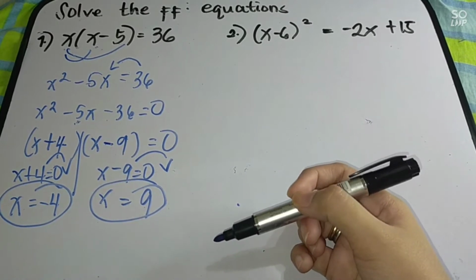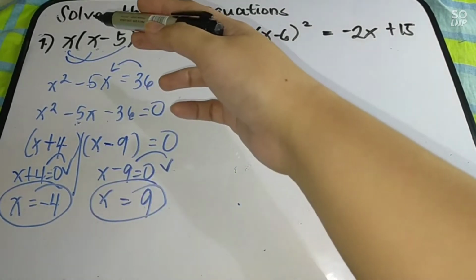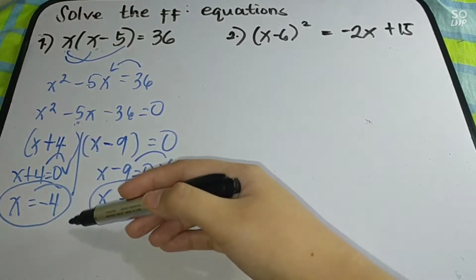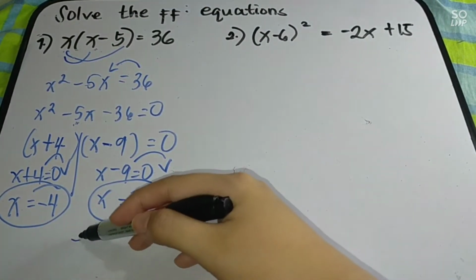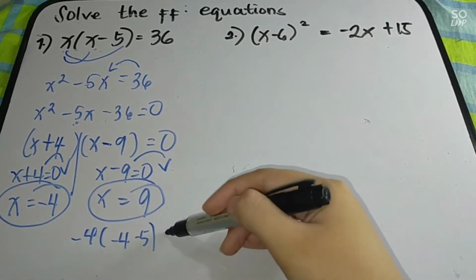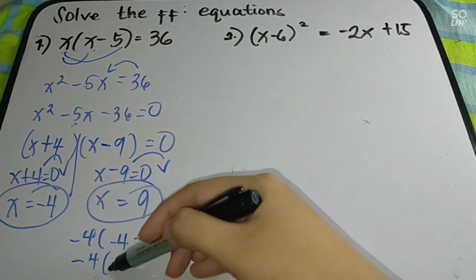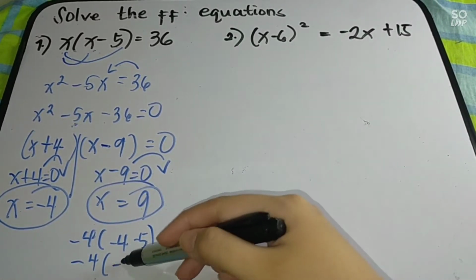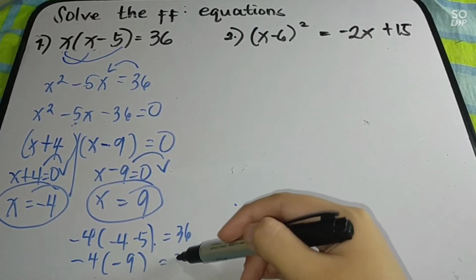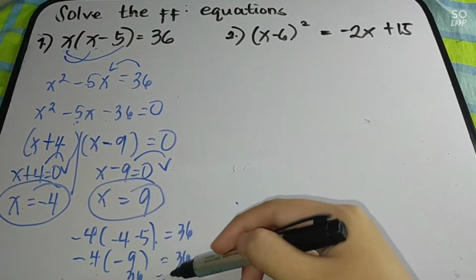That is it. So, for us to know if your answer is correct, just substitute. For example, this one, say negative 4. So, we substitute it for x. So, it becomes negative 4 times negative 4 minus 5. It needs to be equal to 36. So, here, we have negative 4, then add, that is negative 9. So, negative 4 times negative 9, the answer is 36, equal to 36.